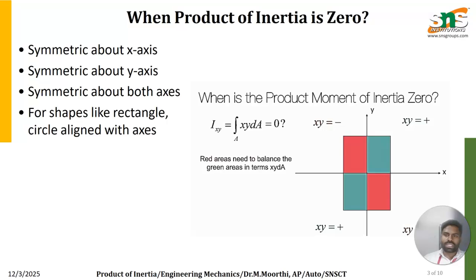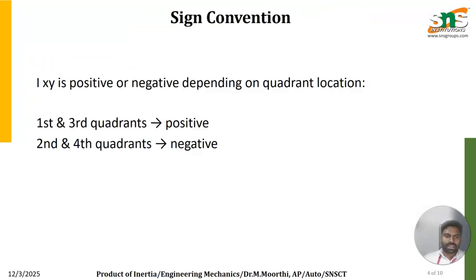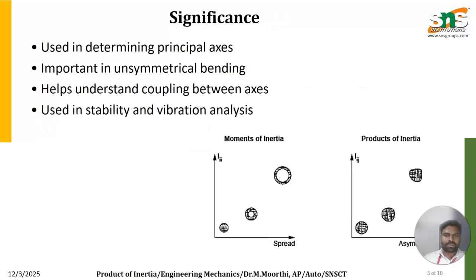So the conclusion is the product moment of inertia is positive when it is lying in the first and third quadrants, whereas it is negative if it is present in the second and fourth quadrants.